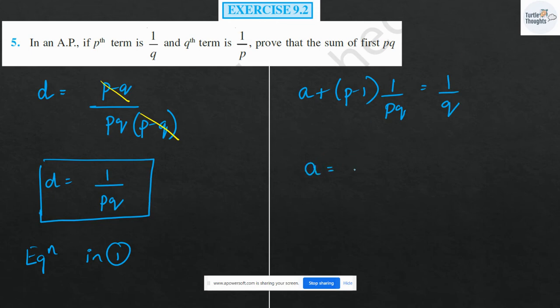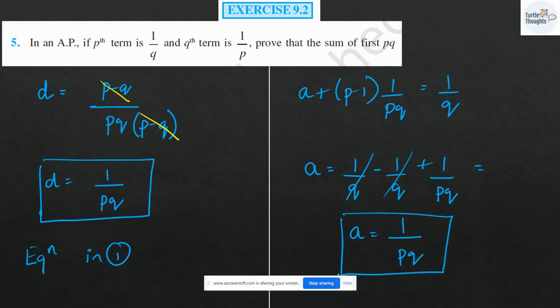A will be equal to 1 by Q minus this 1 by P, 1 by Q plus 1 by PQ. So what will be this equal to, the 1 by Q and minus 1 by Q will be getting cancelled. So A I will be getting as 1 by PQ. So A and D both I am getting as 1 by PQ.